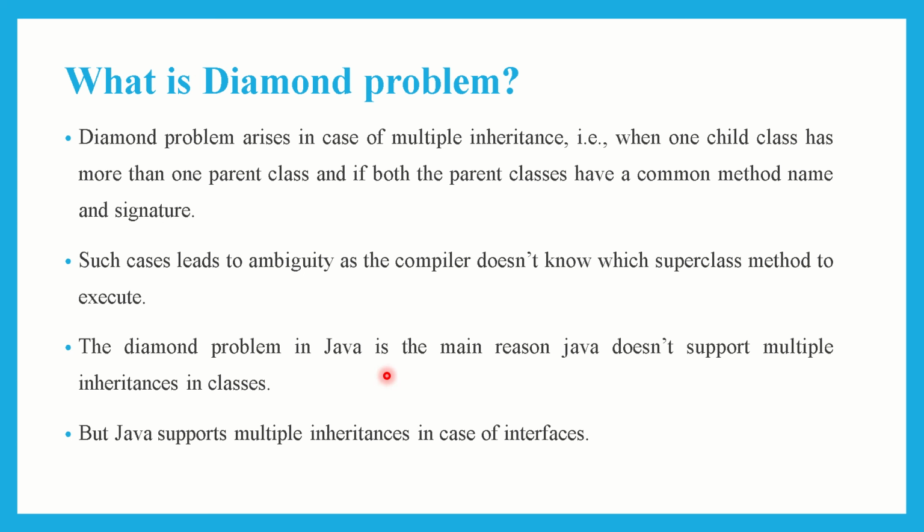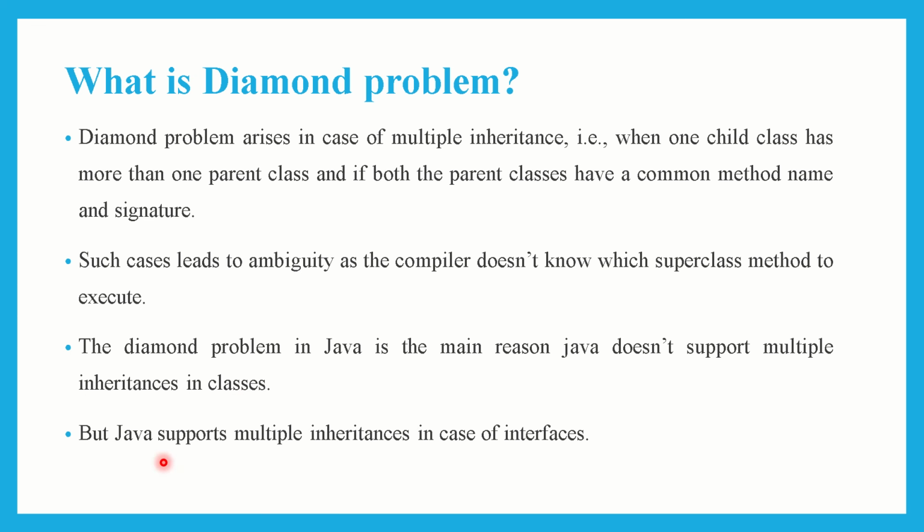So the diamond problem is the main reason Java does not support multiple inheritance in classes, because class C extends class A, class B is not possible. We can only extend one class in Java.